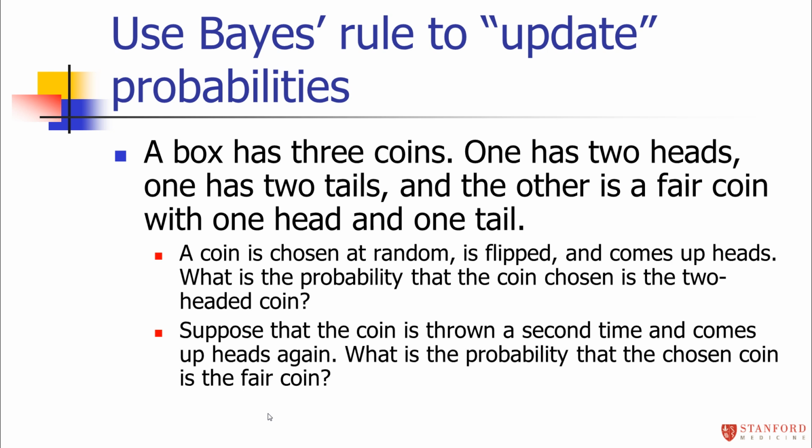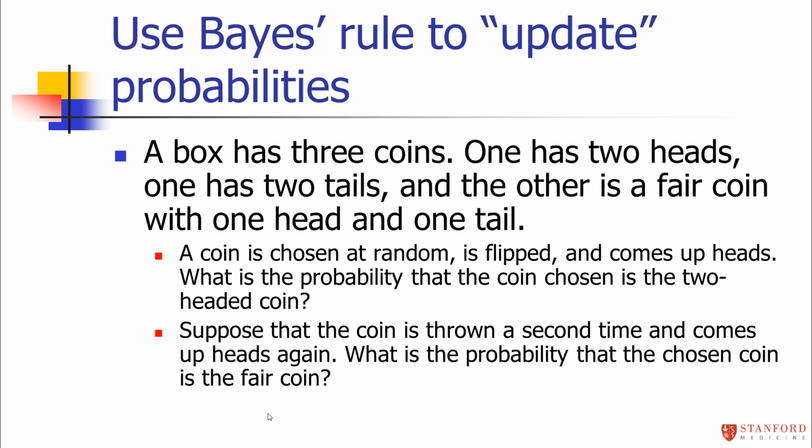Once we find out that they have pancreatic cancer, we've injected new information into the problem, and we're going to update our probability using Bayes' rule or a tree, and we find out that that person's probability now increases from 15% up to 41.4%. And this is what Bayes' rule is really useful for. It's useful for updating probabilities as new information comes in.